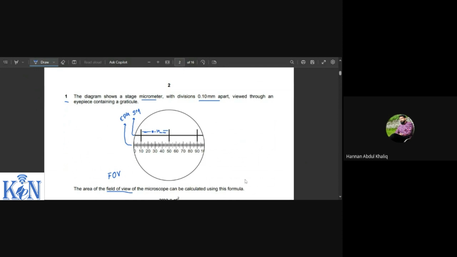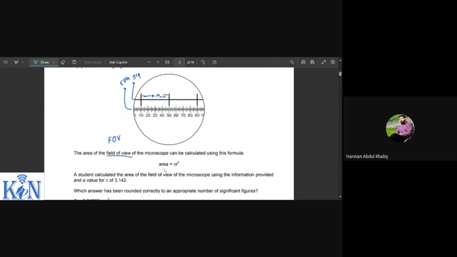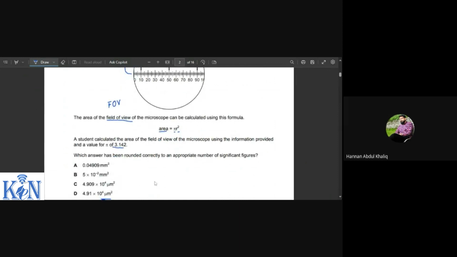So we are going to measure the FOV with the help of the formula: area of the circle is equal to pi r squared, and pi is equal to 3.142. A student calculated the area of the field of view of the microscope using the information provided and a value for pi of 3.142. Which answer has been rounded correctly to an appropriate number of significant figures?